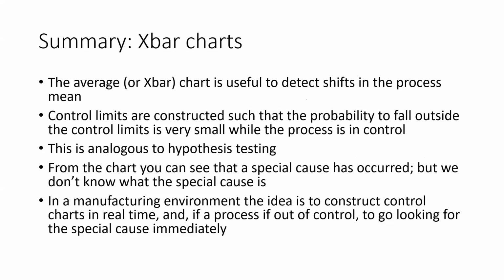And from the chart, we see whether special cause has occurred, meaning points are outside of the confidence intervals, but we don't know what it is. We need to look at the manufacturing floor or in the hospital to check what's going on. And in an ideal hypothetical world, you could do this immediately and correct the problem right when it occurs. That is the end of this segment.